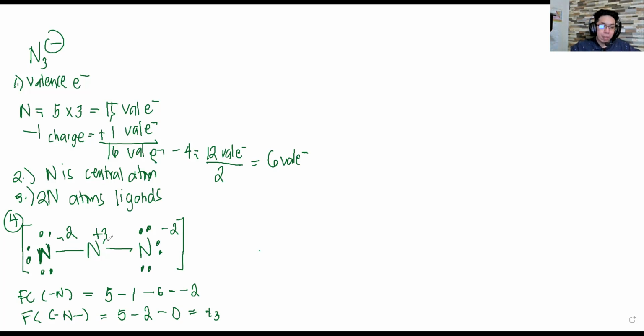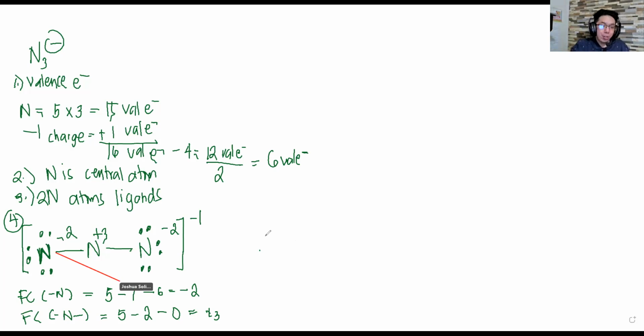Negative 2 plus 3 is what? +1, minus 2 equals negative 1. Yeah, correct. So this is still negative 1. So since the formal charges are non-zero, you really need to introduce double bonds here.